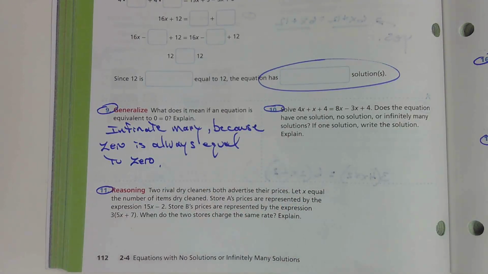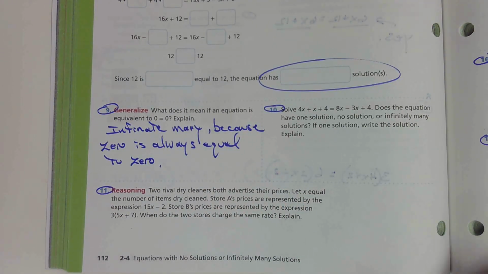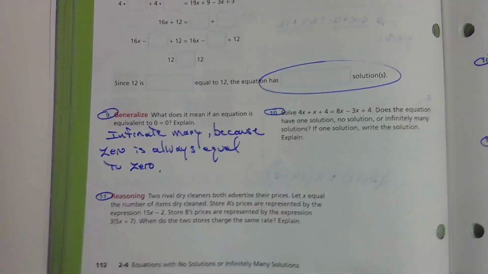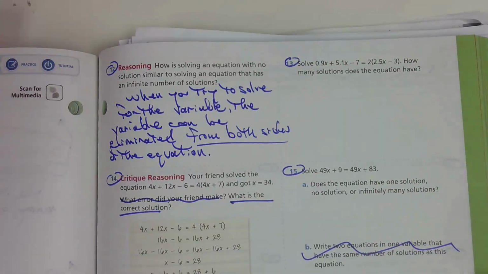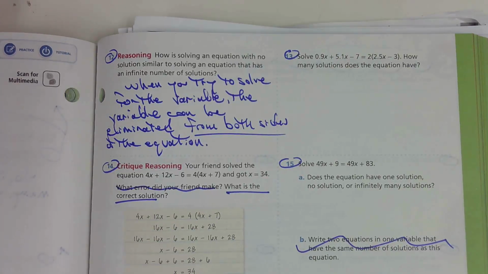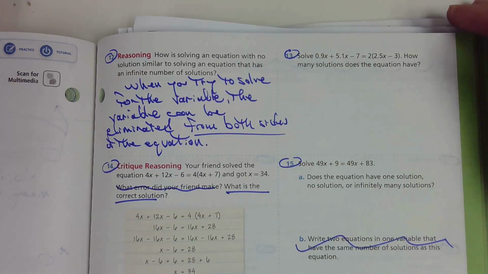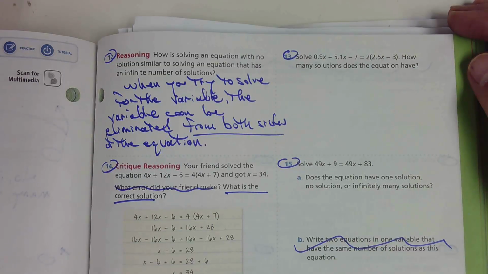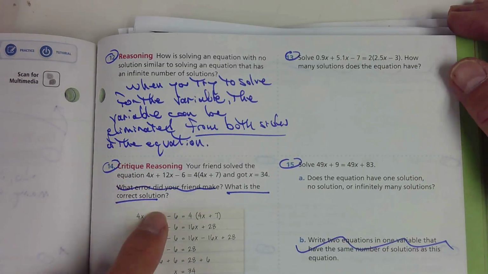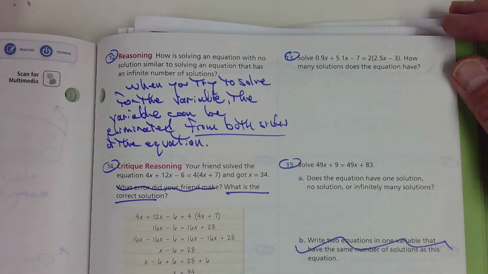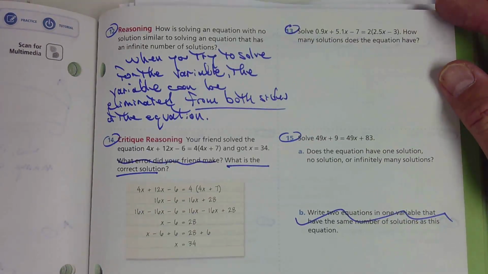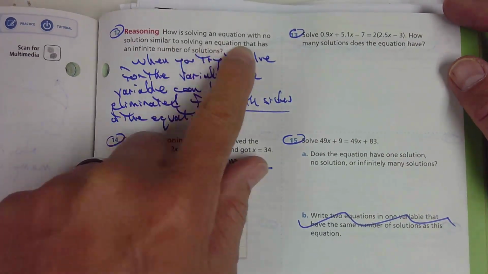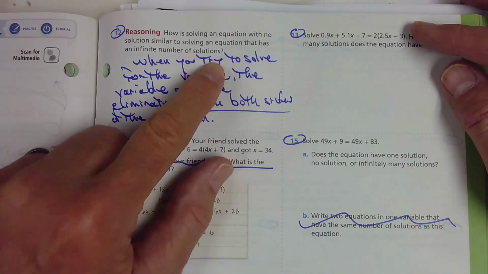Circle 10 and 11. And then at the top of page 113, circle 12, 13, 14, and 15. So for 12, I answered that for you. How is solving an equation with no solution similar to solving an equation that has an infinite number of solutions?